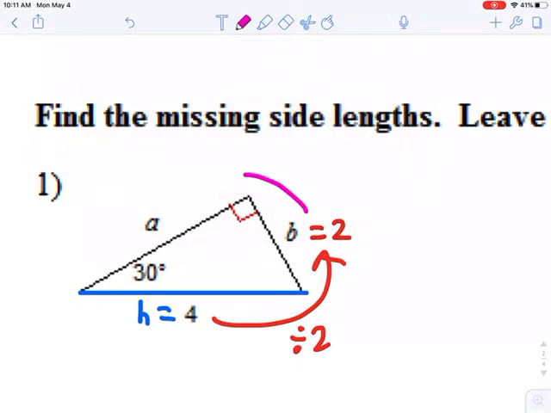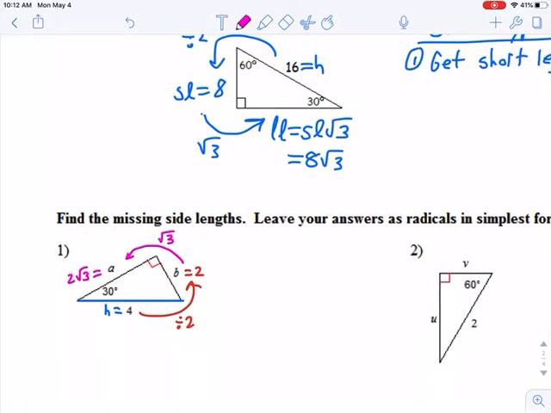And then from here, I can get the long leg by just multiplying by radical 3. It's 2 radical 3. That's it. That's not too bad. So see how we have these special right triangles, we have these patterns, these shortcuts. We can take really complex problems that could take a long time to solve and do it in a matter of seconds by just applying the rules.